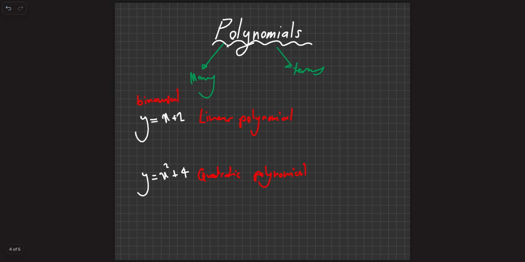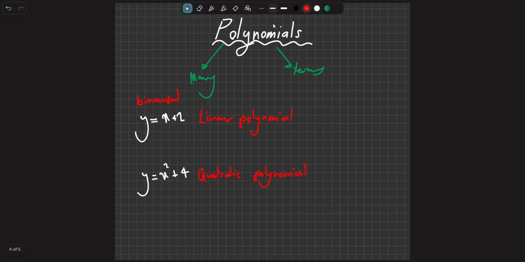It's still a polynomial. It has many terms, okay? So as you see, it's squared, right? So x, and then 4. So this is still a polynomial. It's x squared. It's x times x, and 4. So 3 terms, and it's a quadratic polynomial because it's a degree of 2.